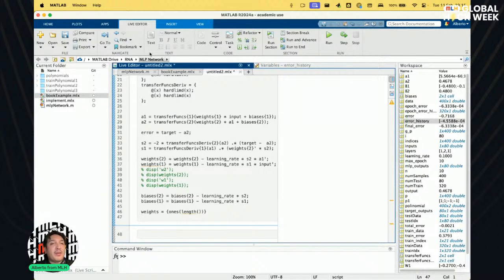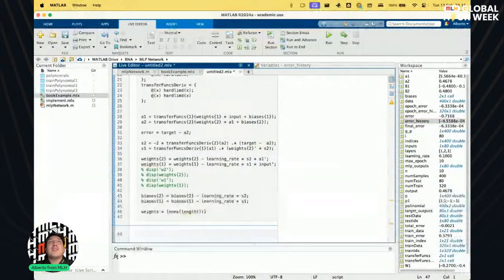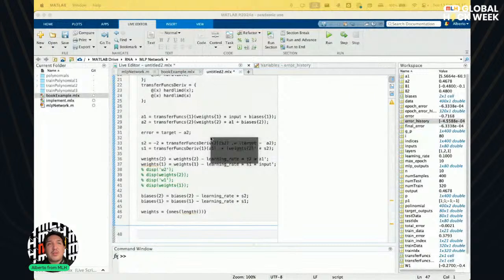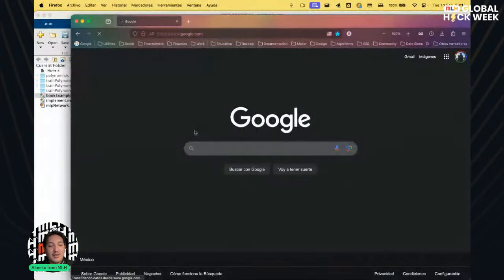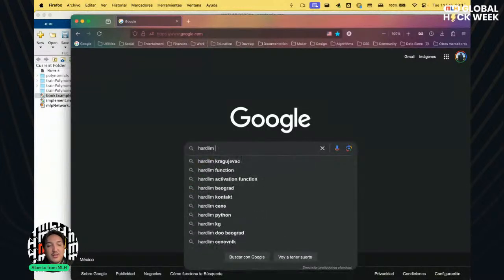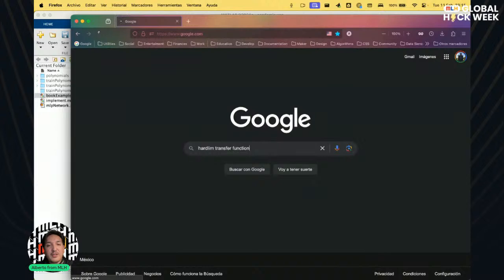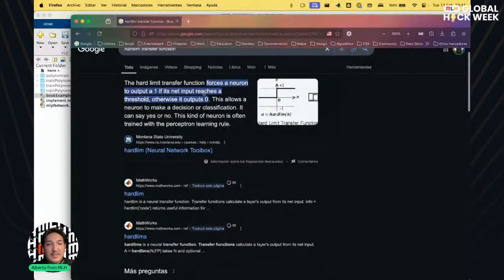For example, let's say that you don't know the derivative of this. You come here and search for hard limit transfer function, and it says it forces a neuron to output 1 if the net input reaches a threshold.